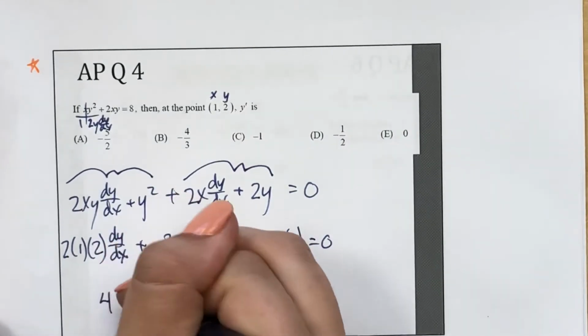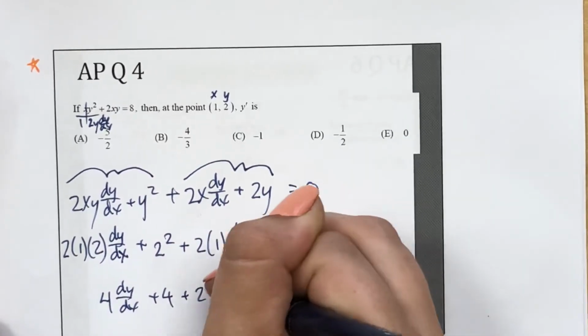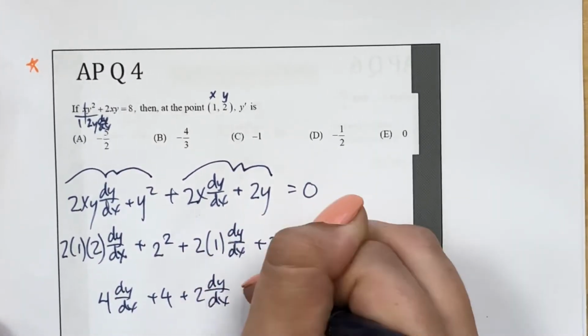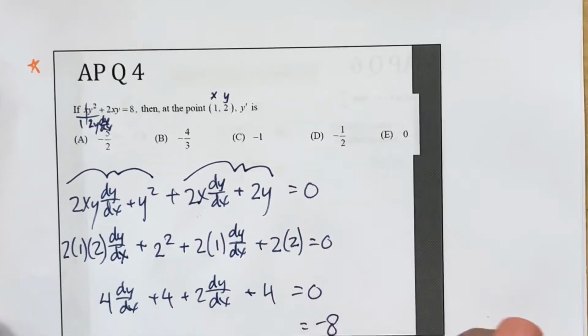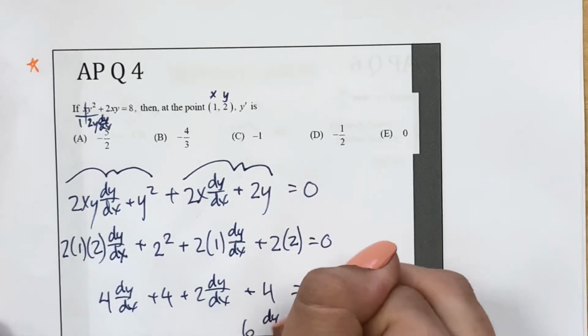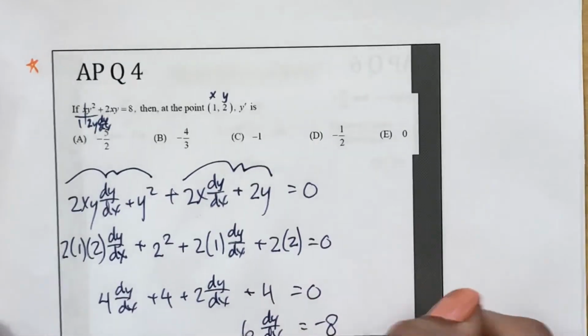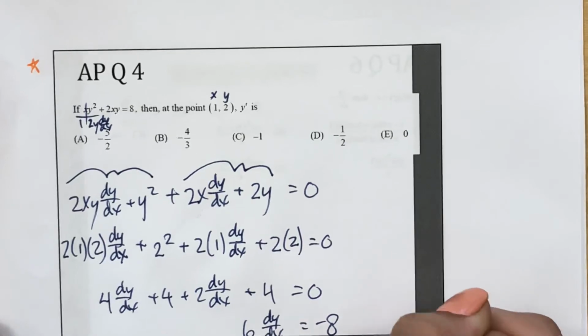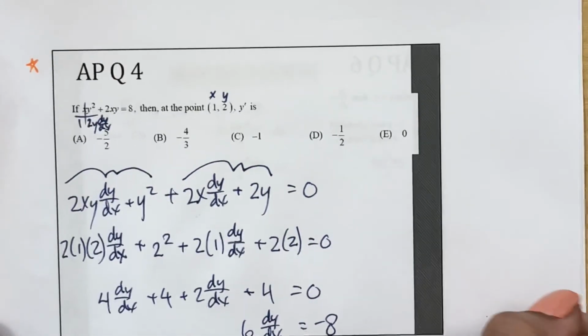So it should be 4 dy/dx plus 4 plus 2 dy/dx plus 4 equals 0. So negative 8 on this side, and then 6 dy/dx on that side. So dy/dx is negative 8 over 6, or negative 4 over 3.